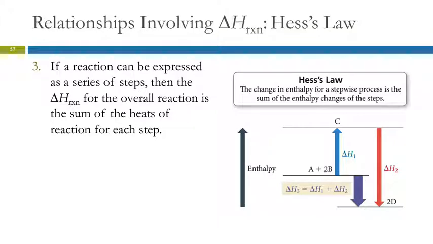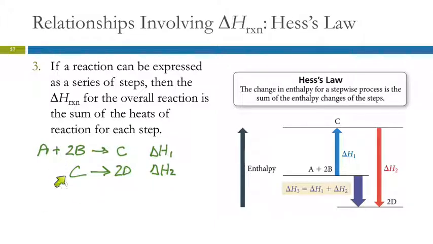So I've got A plus 2B making C, and that's delta H1, some number. And I've got C reacting to form 2D, and that's delta H2.